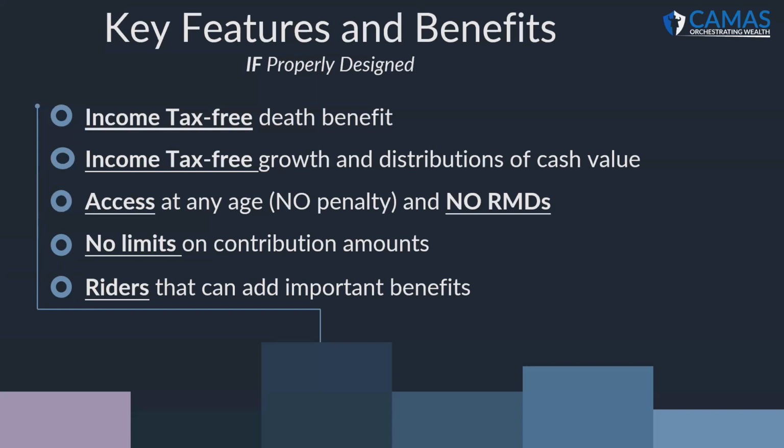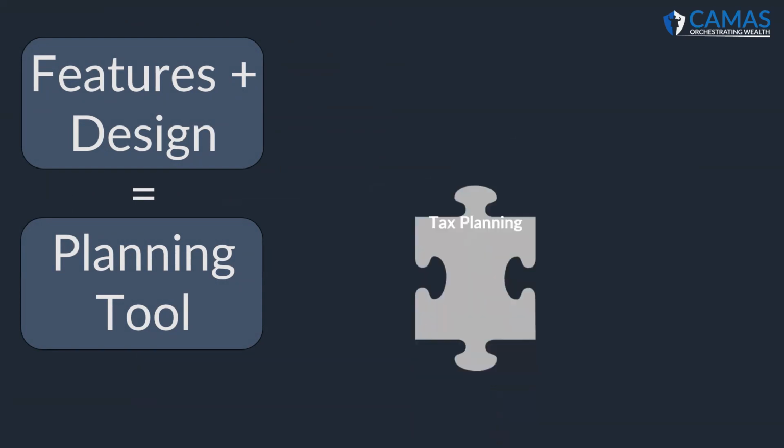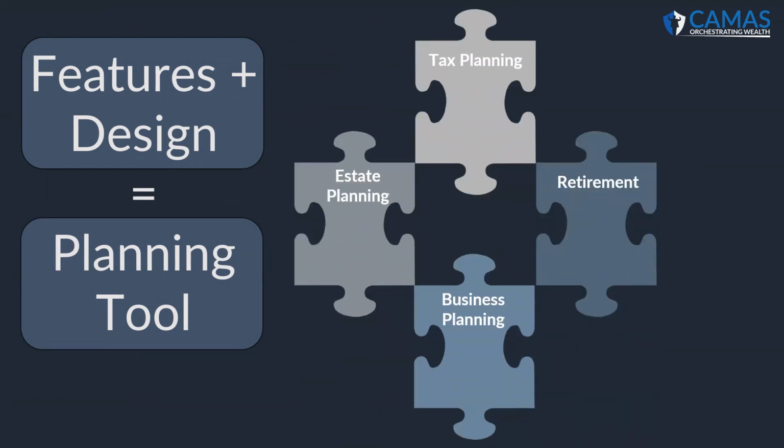There again, what if we need to change in midstream in the planning? When I look at life insurance, there are features and designs of the policy that allow it to be a great planning tool. And if you look at all of these different areas of our planning, whether it's tax planning, estate planning, retirement planning, business planning, all of these areas really come together, and we can finish the rest of that puzzle by using a properly designed life insurance policy.